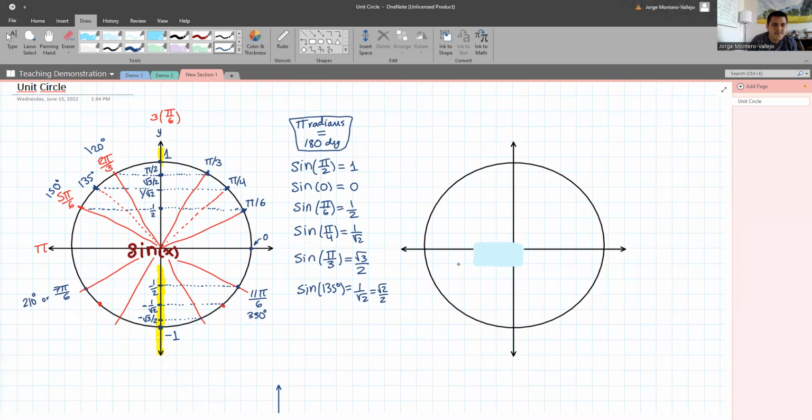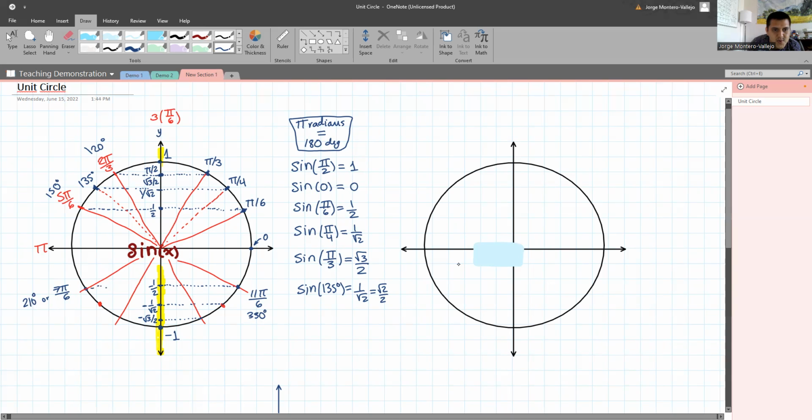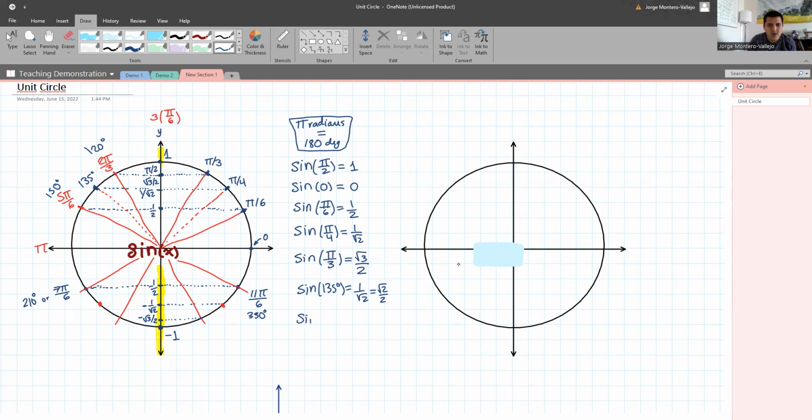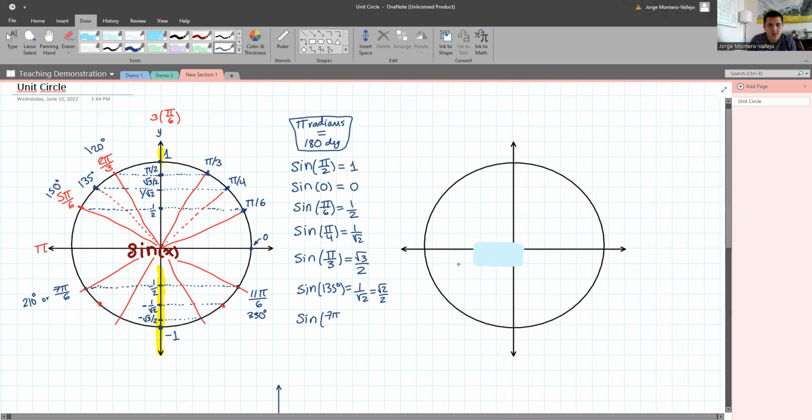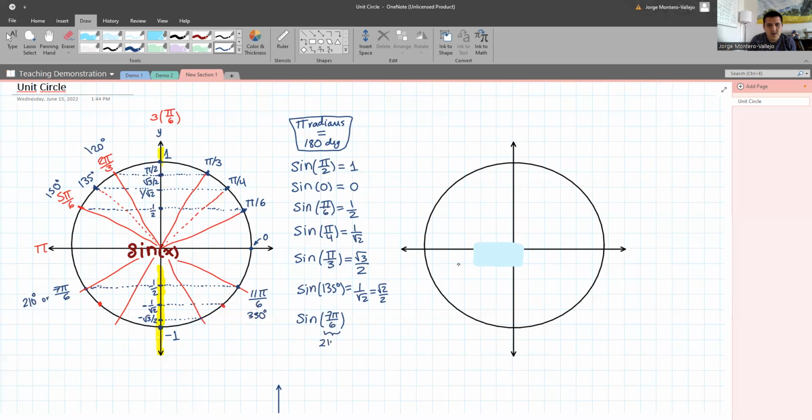And what is the sign? Well, it should also be the one that corresponds to 1/2, -1/2, right? So then sine of 7 pi over 6, which is the same as 210 degrees, is -1/2.